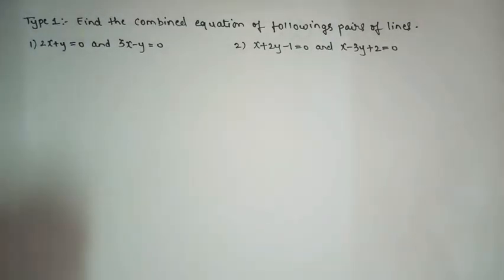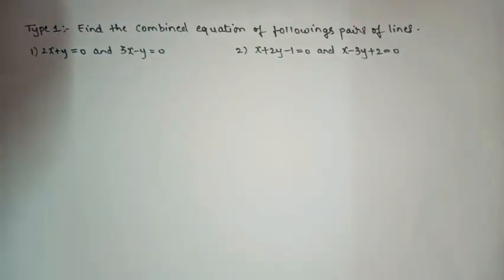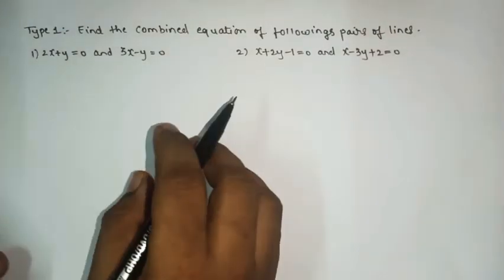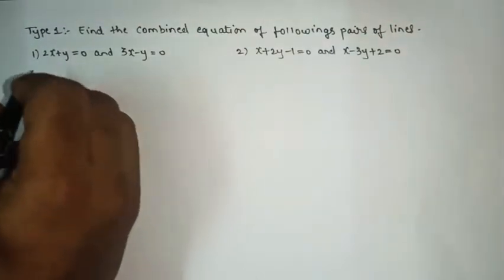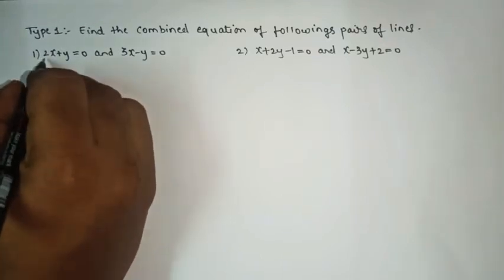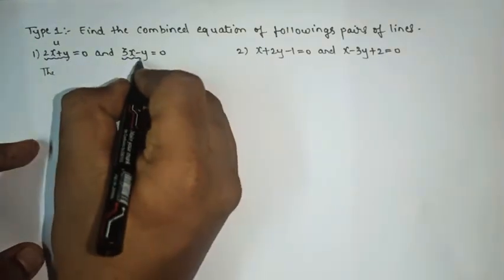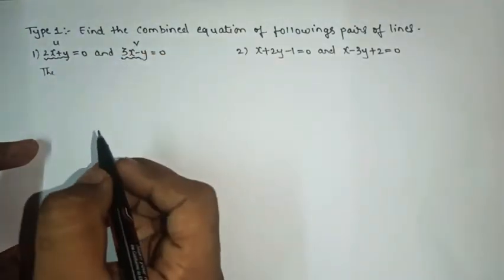So let's check some examples. Here the first one is what? 2x plus y equal to 0 and 3x minus y equal to 0. So let's see the presentation, how to present the sum in the examination. The step you will write: we'll consider the first one as u and the second equation as v.